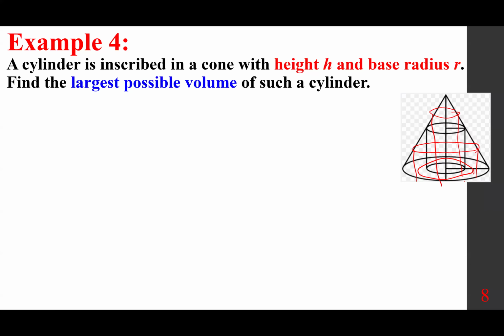So the cylinder can change, but it has to be inscribed, has to be inside. And clearly, the cylinder has some sort of a radius which is somewhere between 0 and r. It's important to understand it can't be 0, because if it's 0, there is no cylindrical shape, and it can't be r, it has to be less than that. But it changes accordingly.